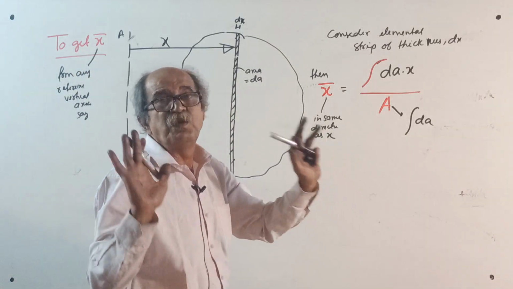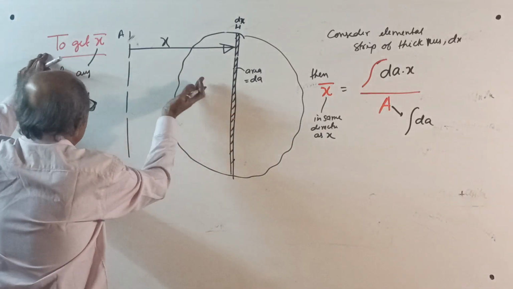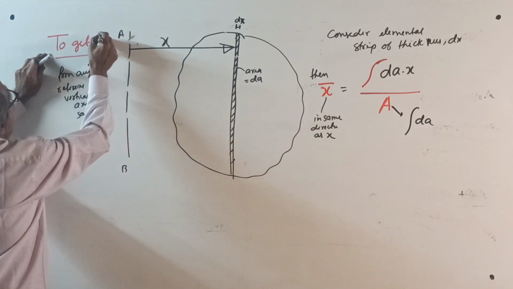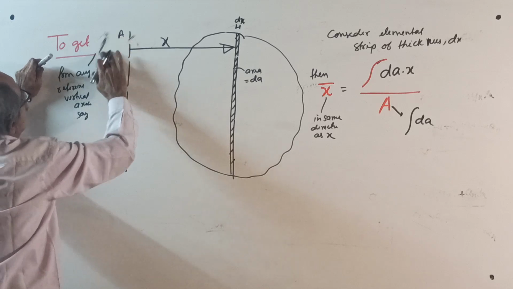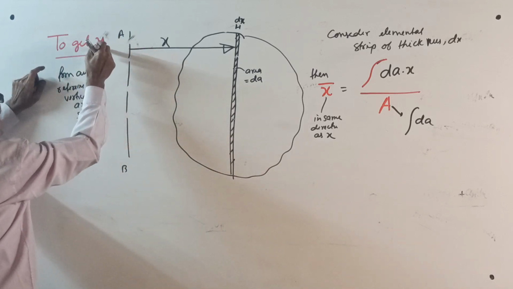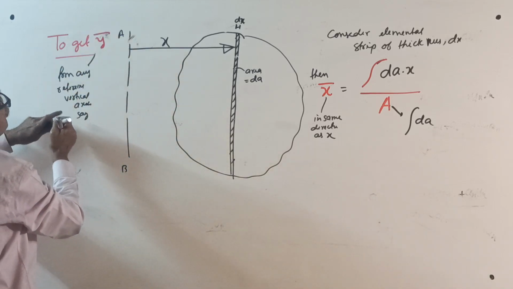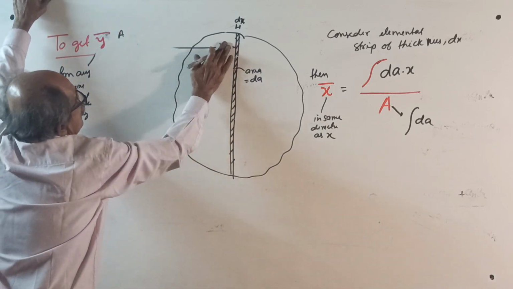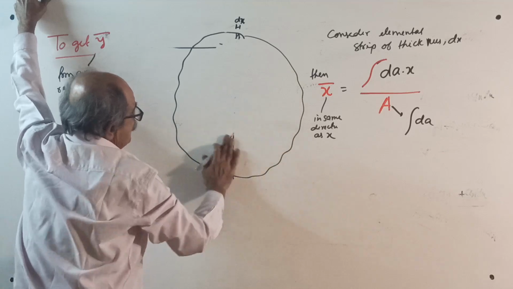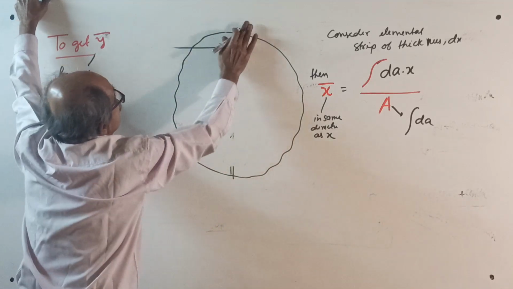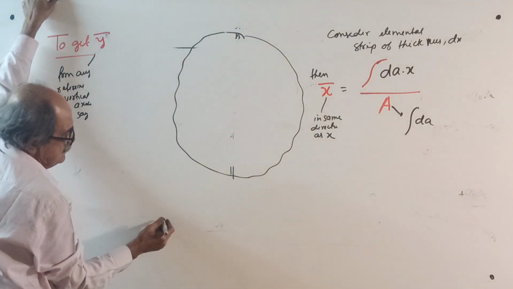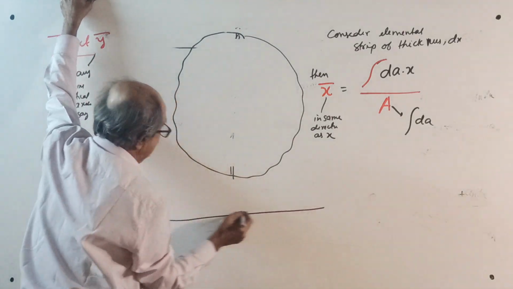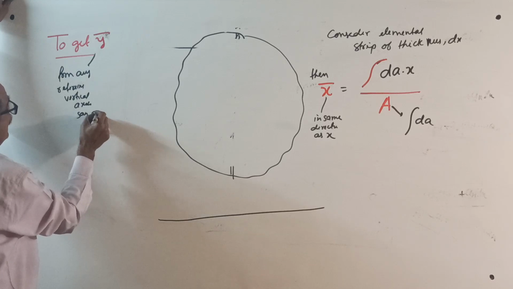Write this neatly. Once again, to get y bar you should not do it this way. You should create one more sketch. To get y bar from any reference horizontal axis, I told you a thousand times, if you want vertical distance, the reference axis should be horizontal. Take any horizontal axis, say CD.